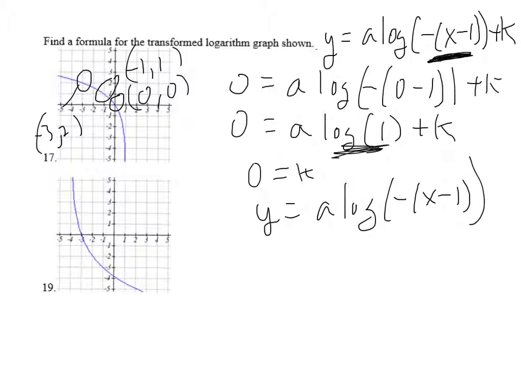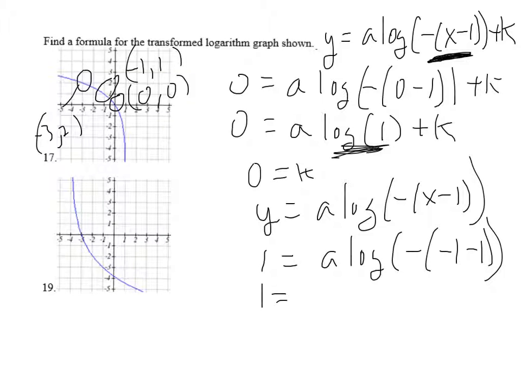So now we can pick either of these points. What if we try -1, 1? Because that's a nice easy number to use. So 1 equals a times the log of -1 minus 1. So 1 equals a times the log of, let's see, -1 minus 1 is -2, change the sign.